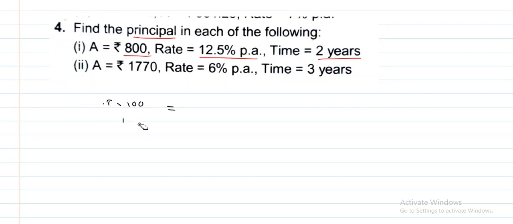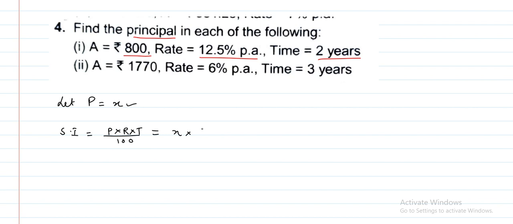We will not do it in this method, we will change the method. So first we will write, let principal be equal to x. Now simple interest, you know the formula is P into R into T by 100. So principal is how much? x. We will write x here.